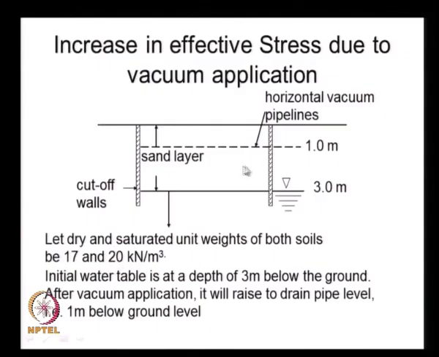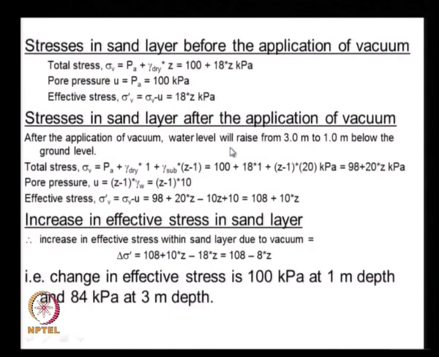Initially the water table is at a depth of 3 meters, and after the application of vacuum pressure, because the atmospheric pressure is removed here, the water table rises up to 1 meter. So let us calculate the pressures in the soil before and after the application of the vacuum.